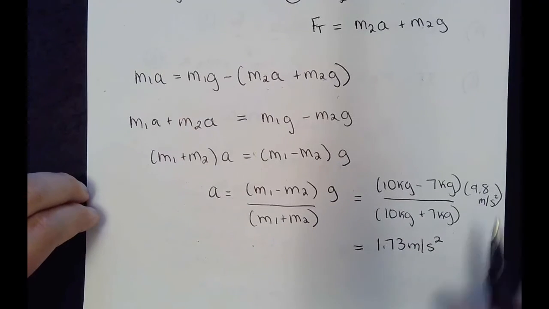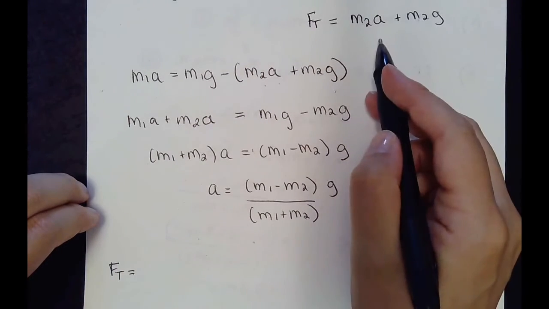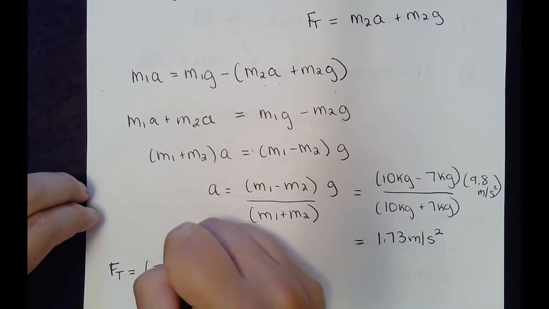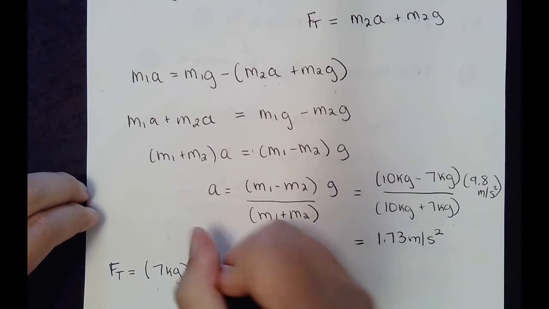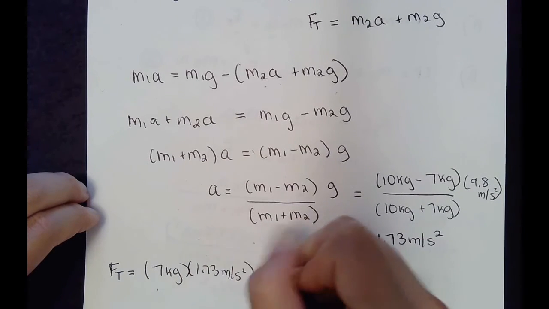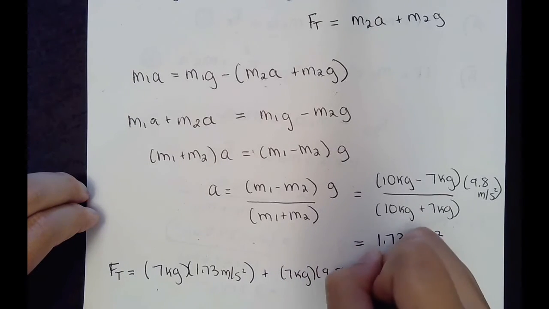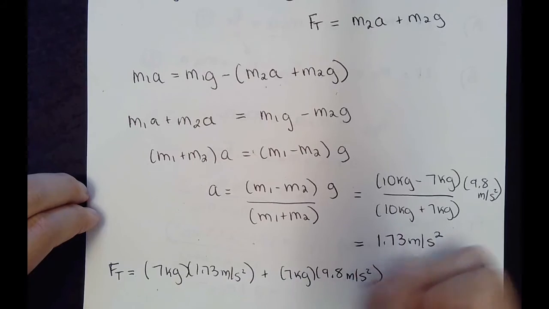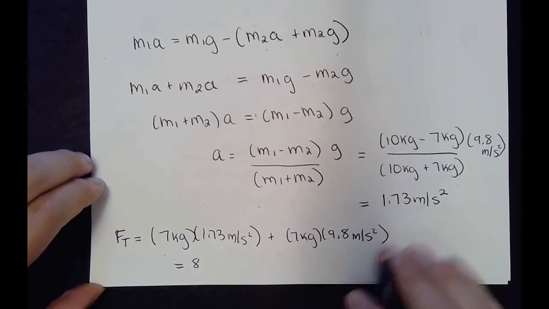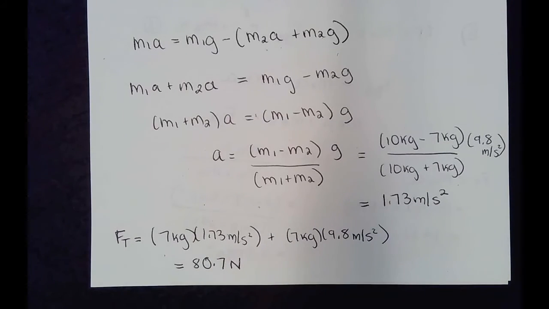So it's right there. We have Ft equals m2a, which is 7 kilograms times 1.73 meters per second squared, plus 7 kilograms times 9.8 meters per second squared, or newtons per kilogram, to give 80.7 newtons for the tension in the string.